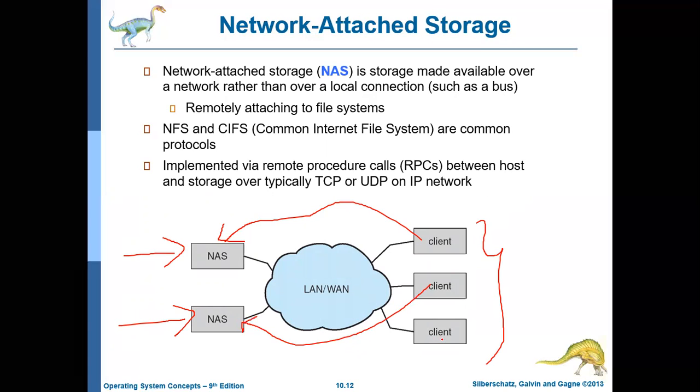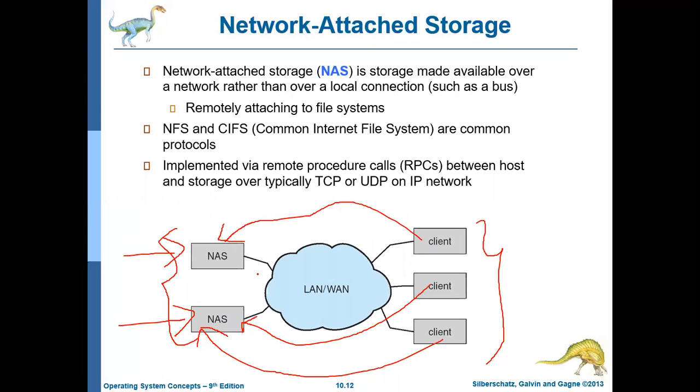See the difference between network attached storage and storage area network. In storage area network, all the available storages will not be visible to the client and the server. The client and the server will be automatically assigned the amount of storage they need depending on the requirement.